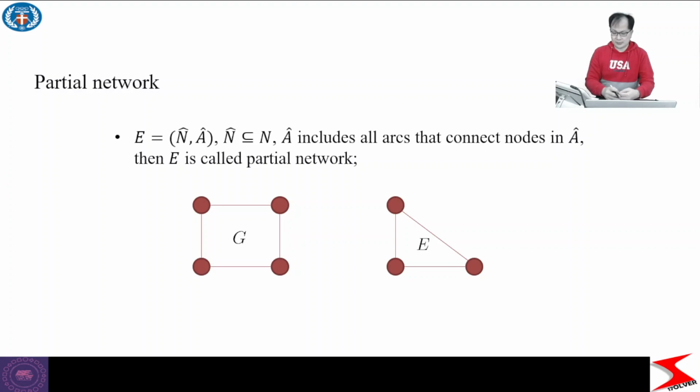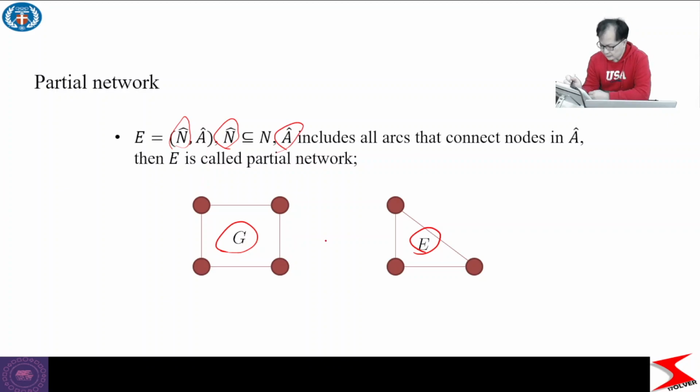For the partial network, we say E is a partial network of the network G. So we can see the node set is part of the original node set, and the arcs are partial of the original arcs.